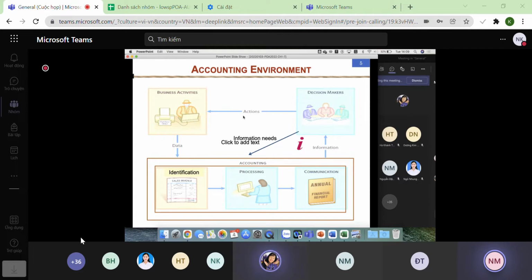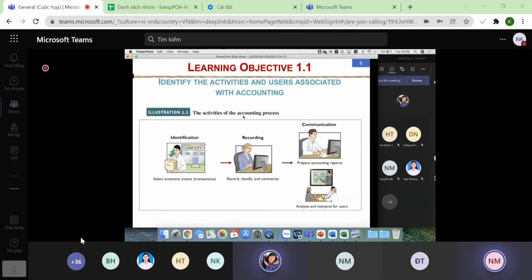From here, can you tell me about the activities or the steps of accounting system? How many activities in the accounting system? Three activities. 3 activities in the accounting system.